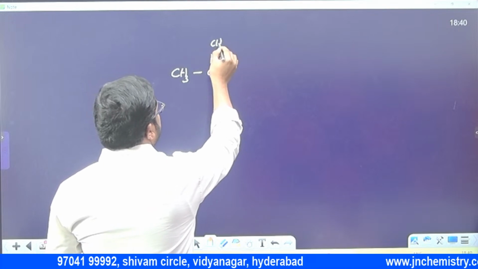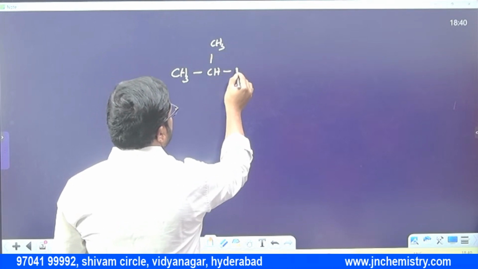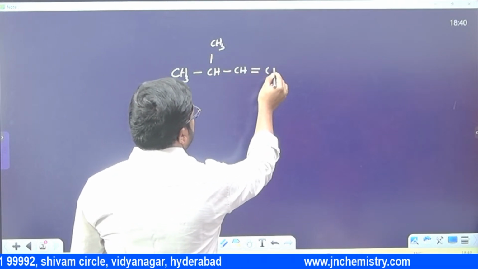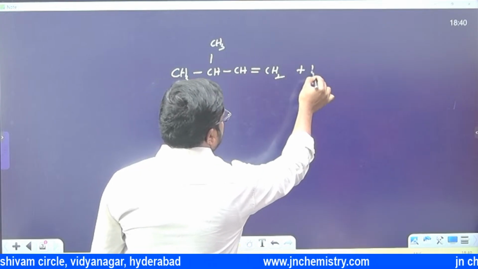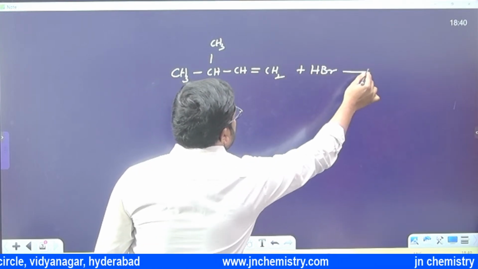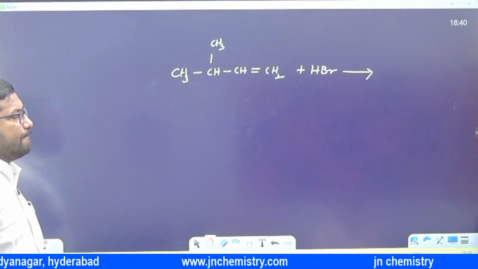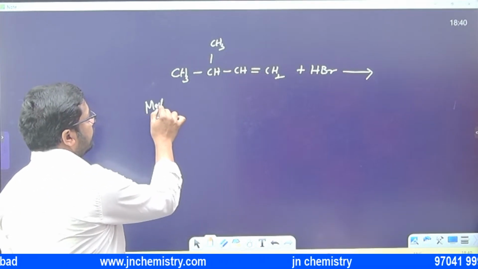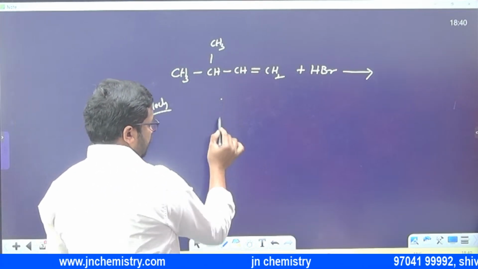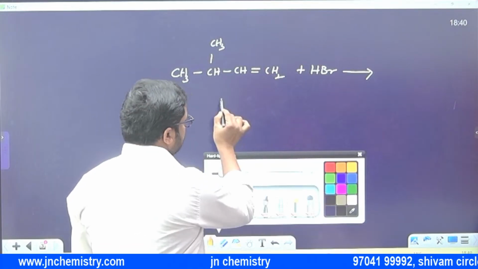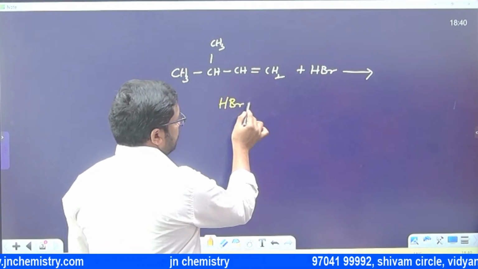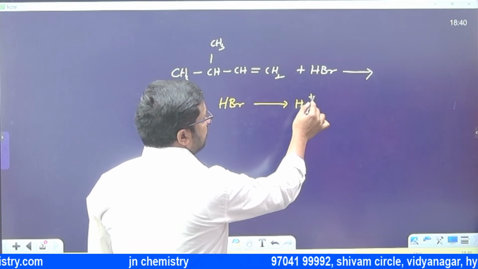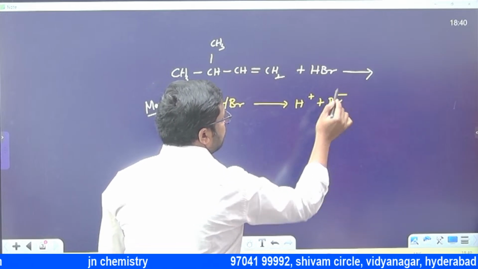This is a very important example. What exactly happens in this mechanism is very important. HBr undergoes cleavage to H plus and Br minus.